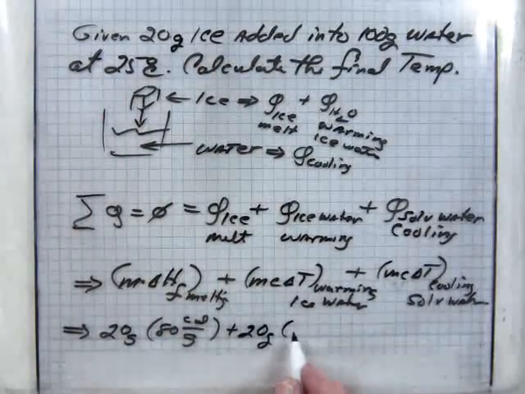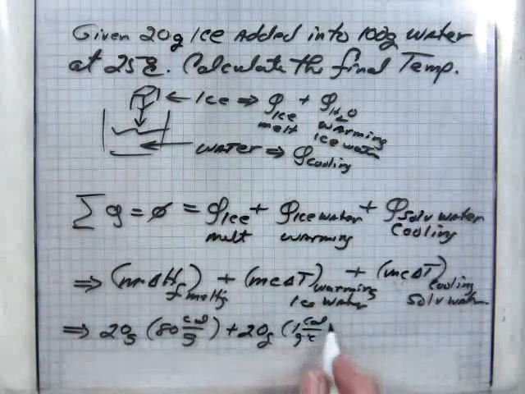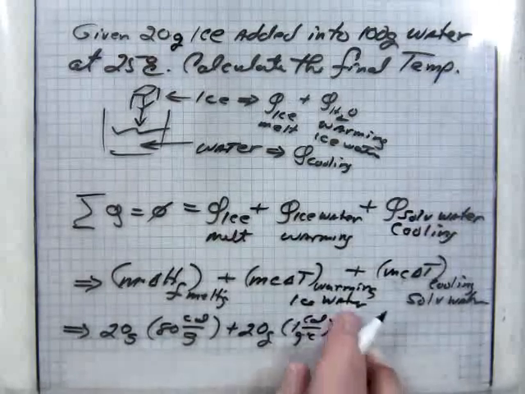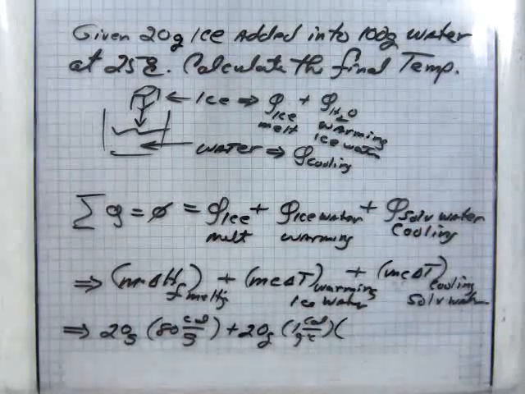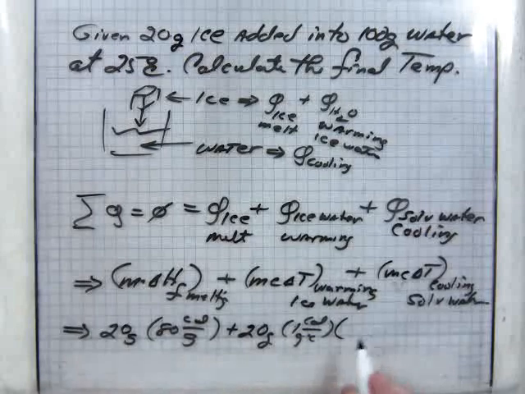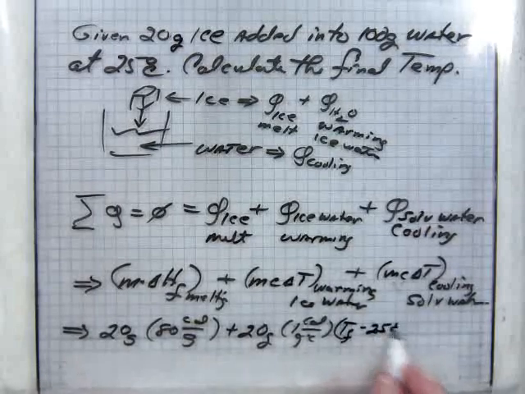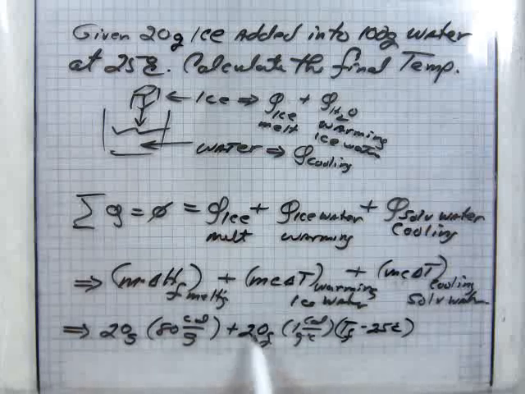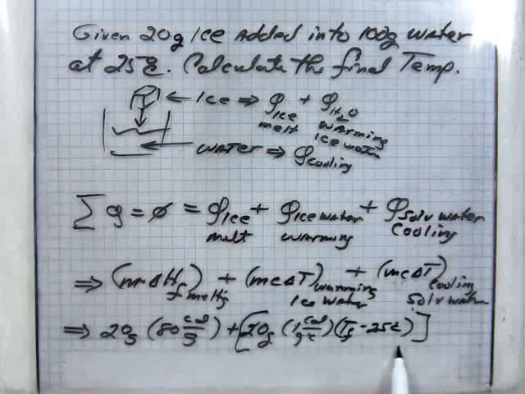Ice water is 1 calorie per gram degree C, and you're going to warm that to T final. What's the change in temperature? Well, you started at 25 degrees C. So there is your warming of your ice water right here.